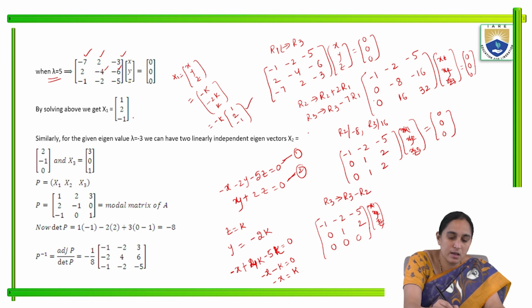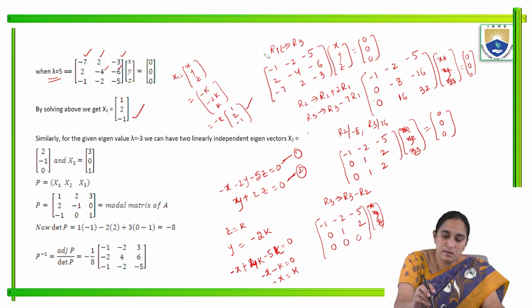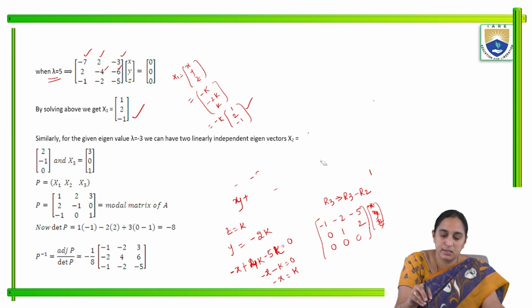This is one eigenvector for the corresponding eigenvalue lambda is equal to 5. Now we get one eigenvector, that is 1, 2, -1. Similarly, we have to find the eigenvectors for the other distinct eigenvalues.